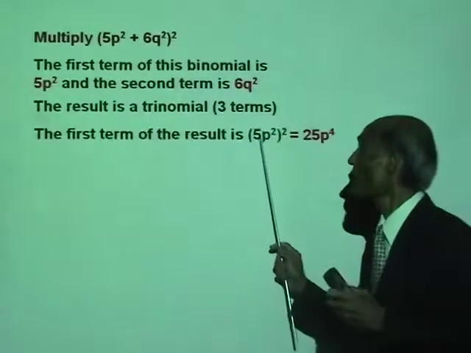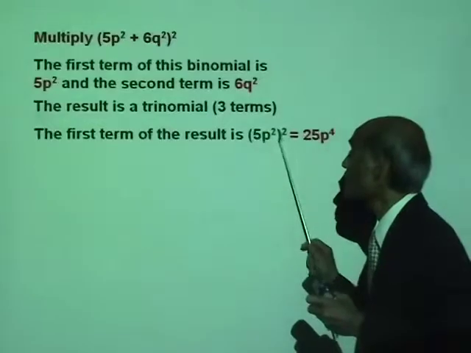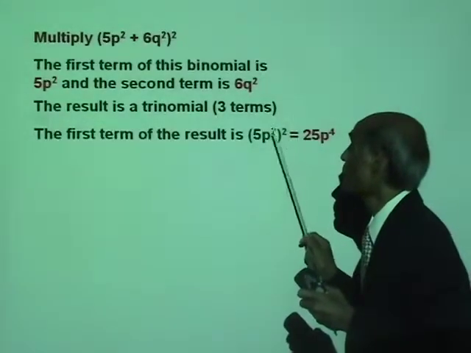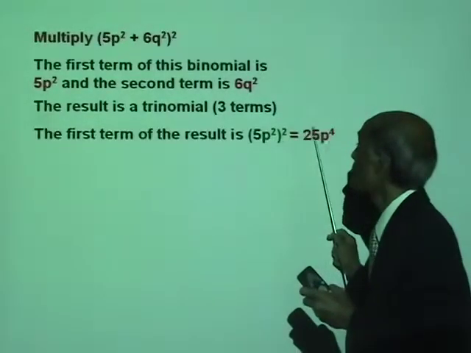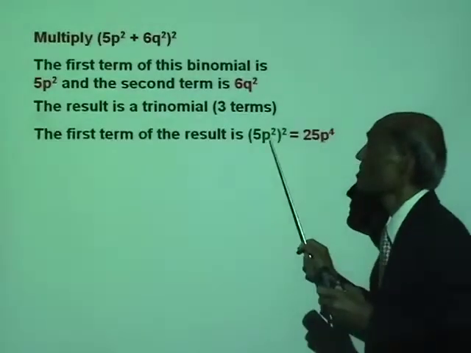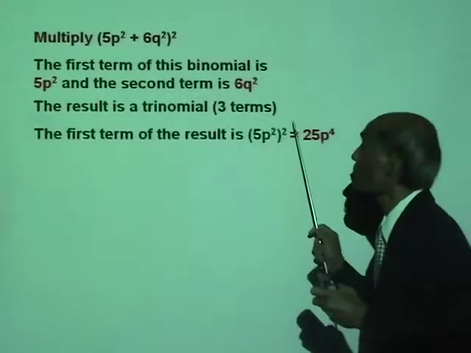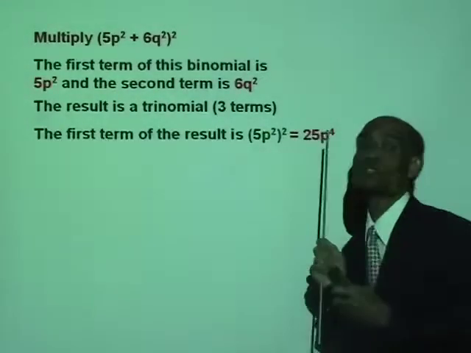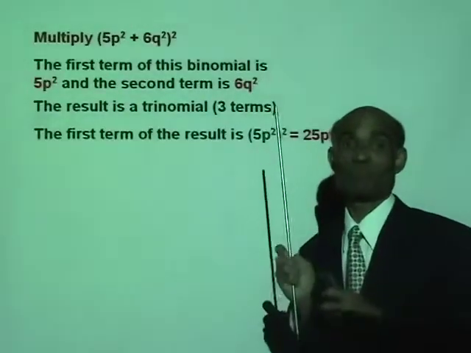Alright? So 5p squared raised to the power of 2 will be 5 raised to the power of 2, that is 25. p squared raised to the power of 2 is p to the power of 4.